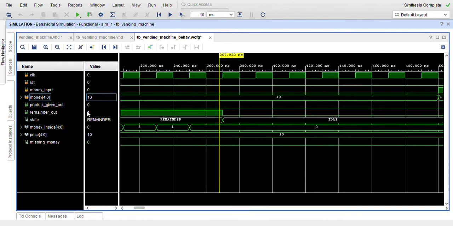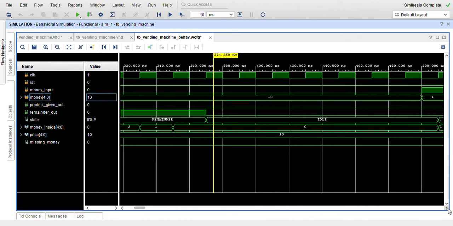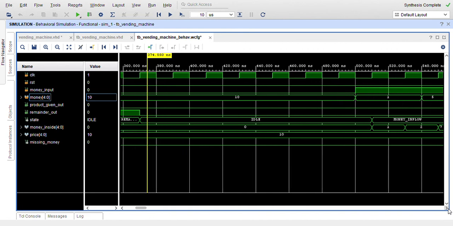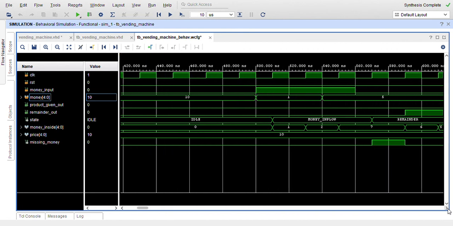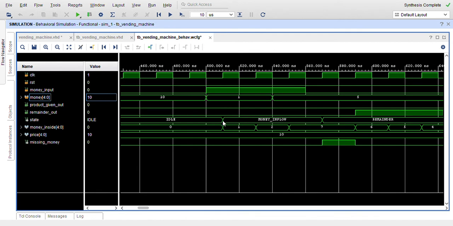Here our reminder out signal is 0, so our state is idle. Idle is our starting state. It will continue as idle until our money inflow state.